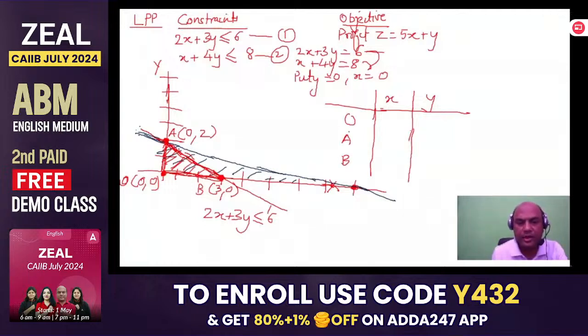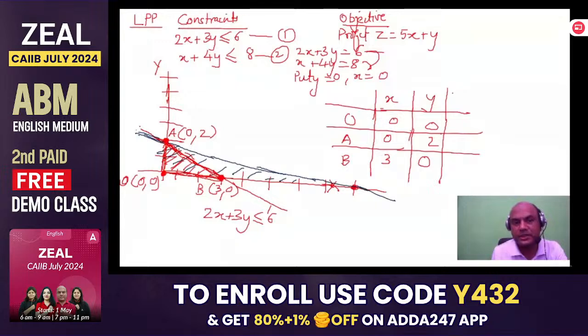Now what is the value of x? At point O, it is 0, 0. What is the value at point A? It is 0, 2. Here, 3, 0. Right. Now next, what is my value of z? See this, z equals 5x plus y.